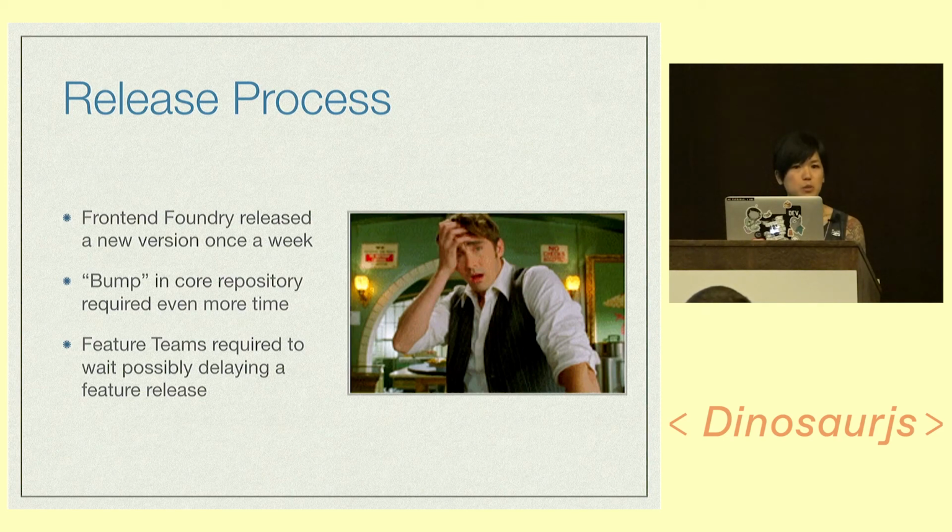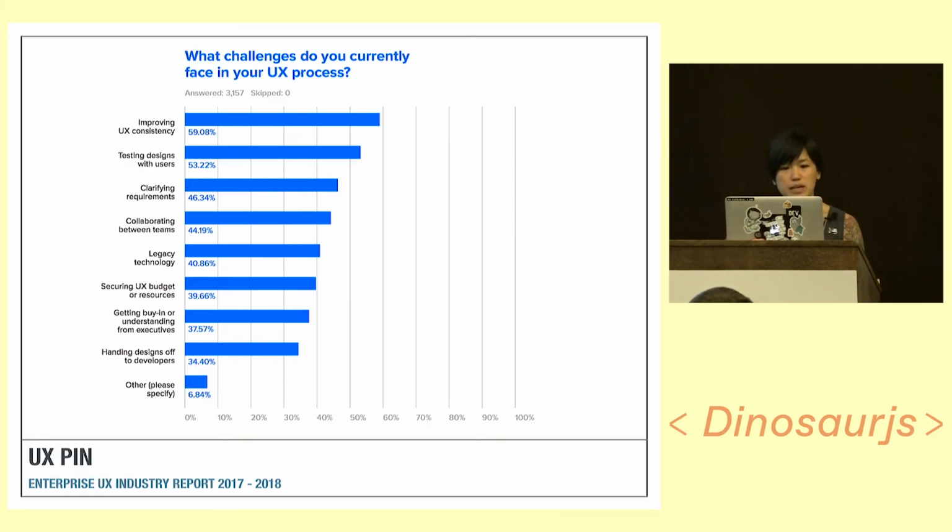Interestingly, Front-End Foundry was one of the few teams that didn't use our design system in production, so many of the feature teams were left waiting in order to release their features and products while our design system was being released. So there was a lack of empathy there where we needed to get stuff out the door. Coming back to the survey, I think we did a really good job of replacing our legacy technology and improving our UX consistency, but we required a lot more collaboration between our teams.